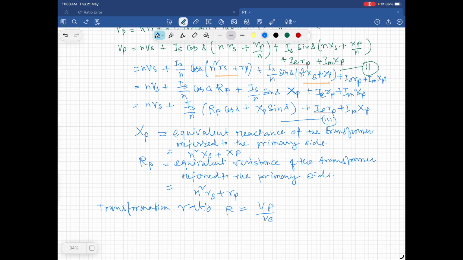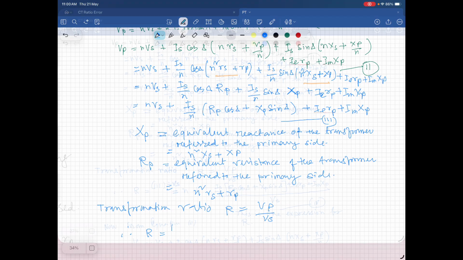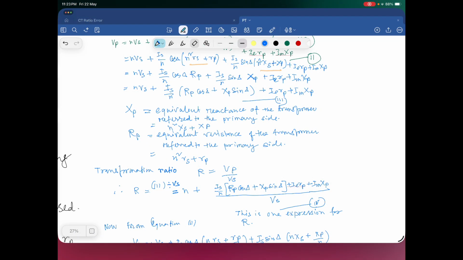Next we will derive the actual transformation ratio, R is equal to Vp by Vs. Now the Vp is equal to this equation. Equation 3 represents Vp. So if I divide the equation 3 by Vs, then I can get the transformation ratio.